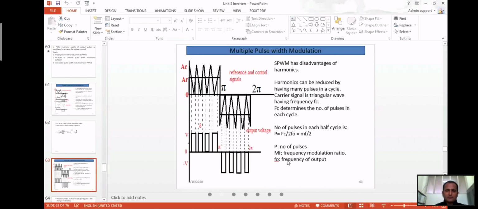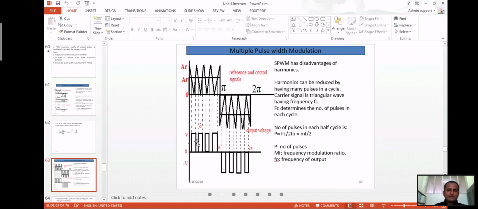Similarly, in the case of multiple pulse modulation, the widths are equal. The width of the pulses given to the system is equal, so we can find out the number of pulses in each half cycle. For example, 1, 2, 3, 4 pulses are given in each half cycle. Here we are talking about equal width.